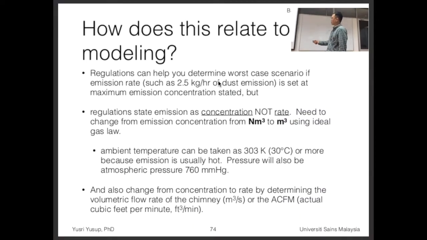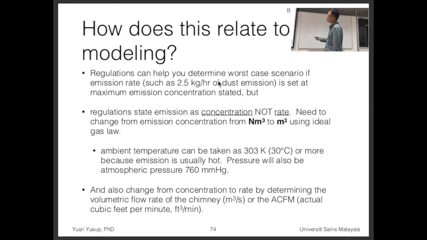So regulations state emission as concentration. Notice the standard is in concentration, micrograms per meter cube. It's not rate. What we need in air quality modeling is the emission rate. So we need to change from emission concentration from normal meter cube to meter cube using the ideal gas law.